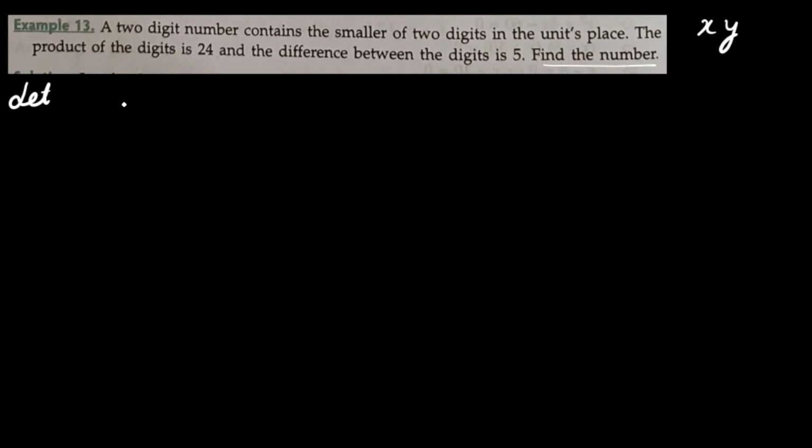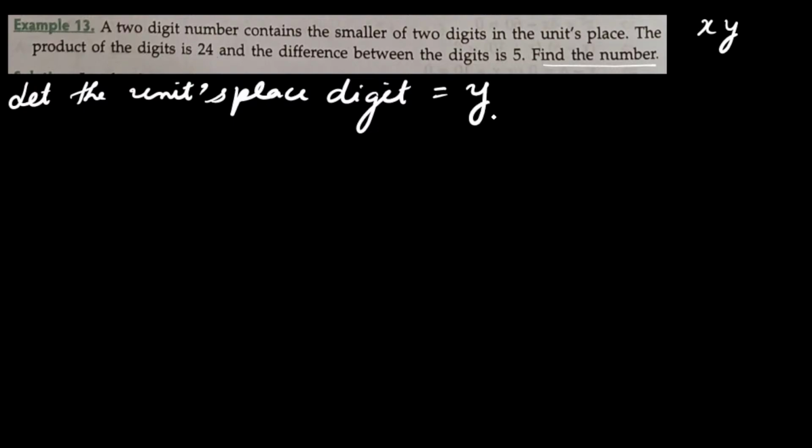So how to do the number assumption? Let the unit place digit be equal to y, and the tens place digit be equal to x. So like that we have to assume. I have assumed the number like this.